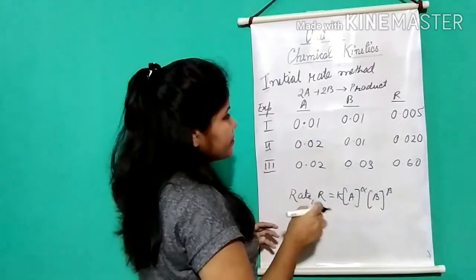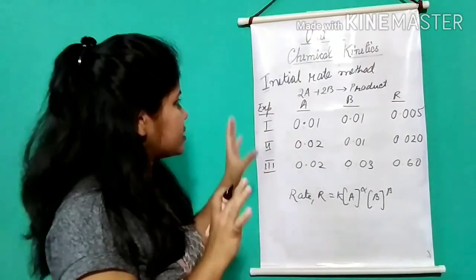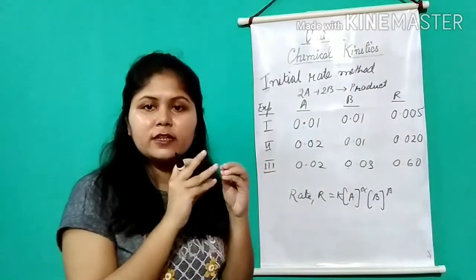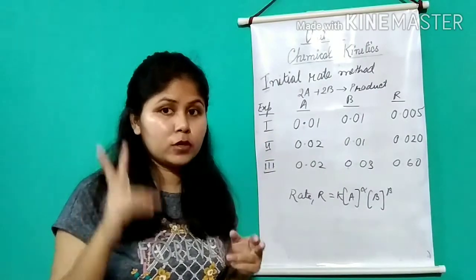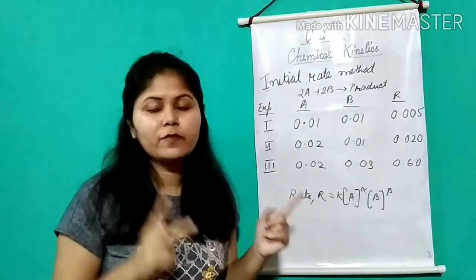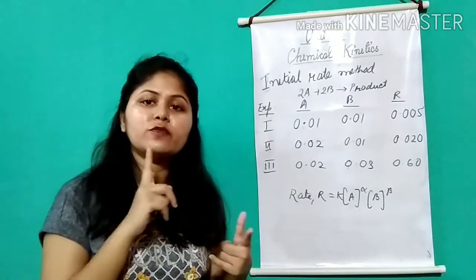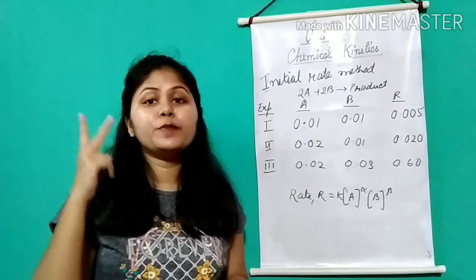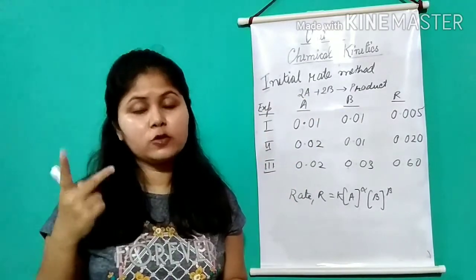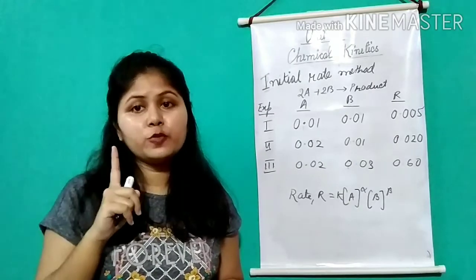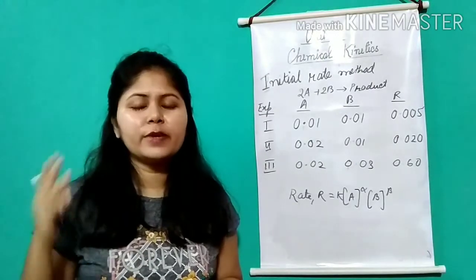The concept of this process is that we need more than one reactant. For determining the rate of reaction through the initial rate method, there should be two or more reactants, not just one.